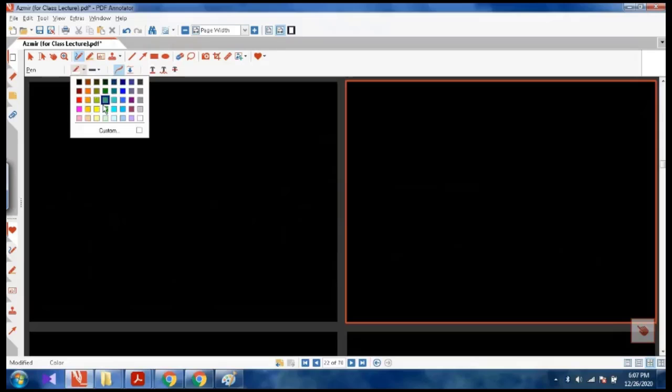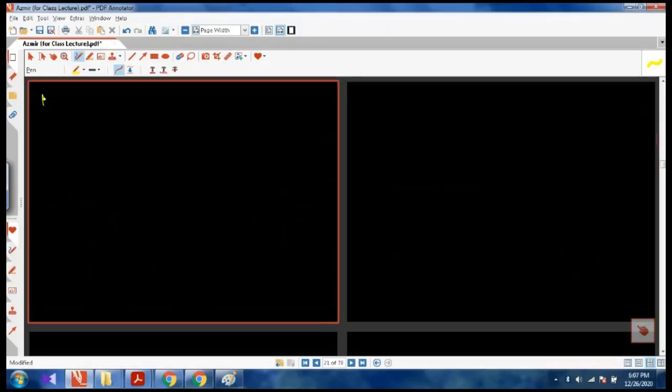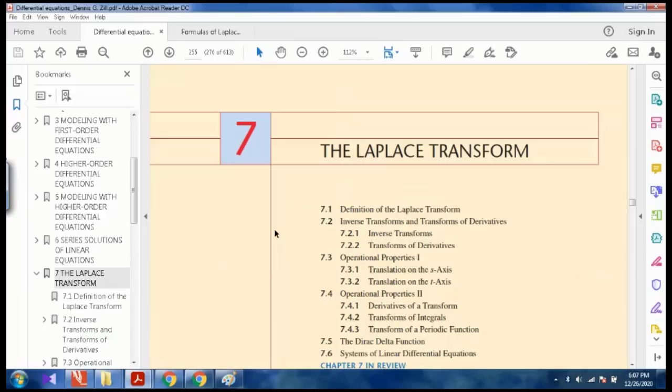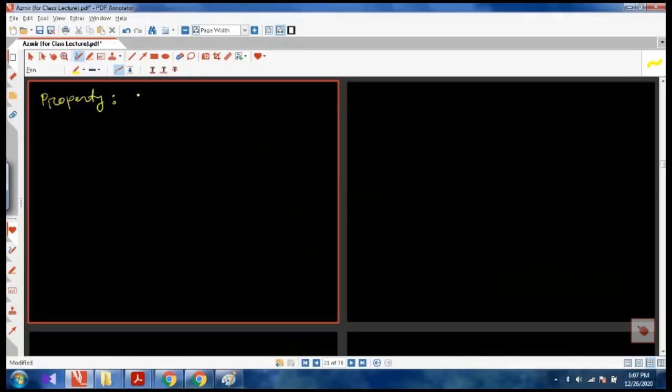So we are going to work with the second property. This is actually called operational property according to the reference book. Okay. It is called shifting property.